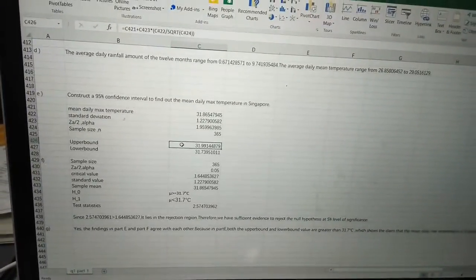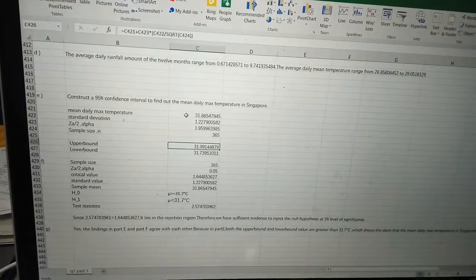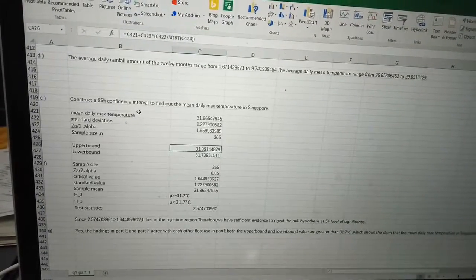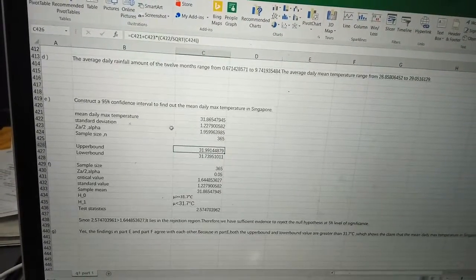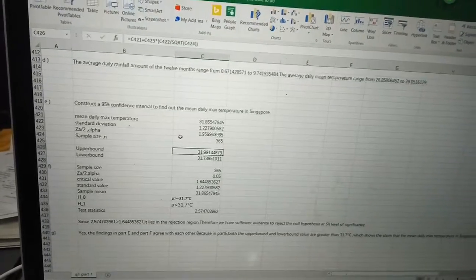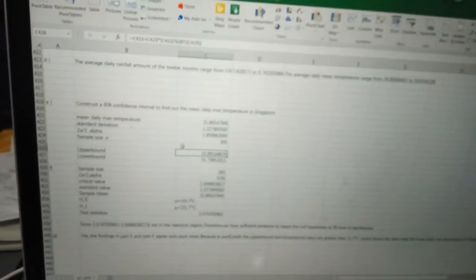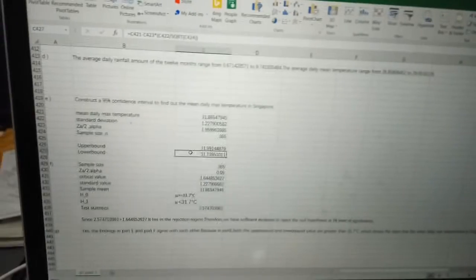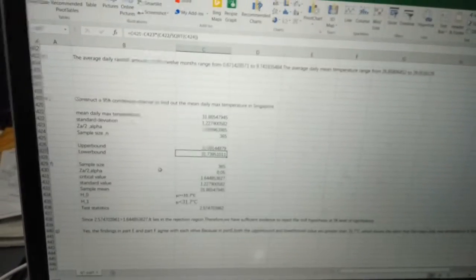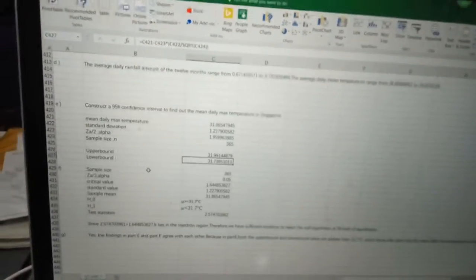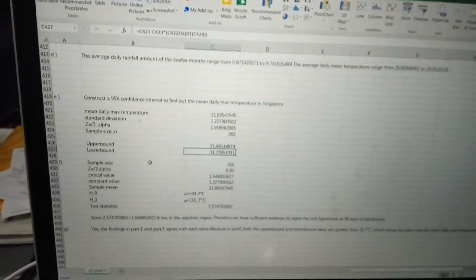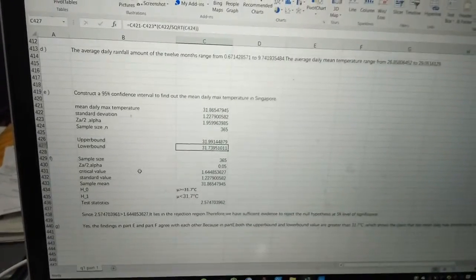I use sample mean plus alpha times standard deviation over the square root of the sample size. This one just minus them. So this is my question E.